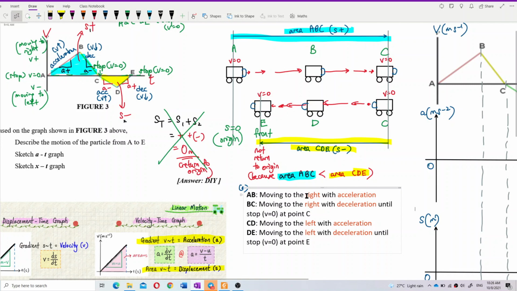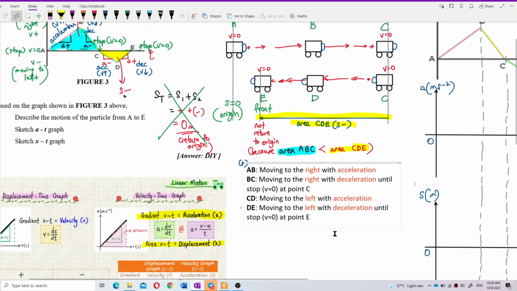And then BC, the car is still moving to the right with deceleration until it stops at point C, velocity 0. And then CD, the car is moving to the left with acceleration. And then DE, the car is moving to the left with deceleration, decelerating until it stops at point E.